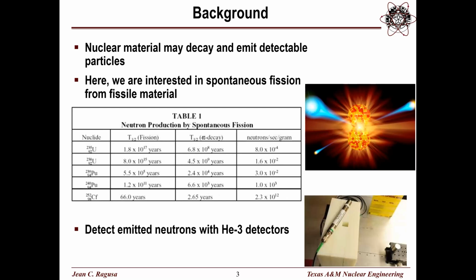And if you have detectors, in this case neutron detectors, you can detect radiation emitted from spontaneous fission from that material that you want to account for. And based on the detector count rate, you may determine the source strength of the material and its location, and therefore you may be able to account for how much material you have in your facility. The detectors we use here are just helium-3 detectors. You have a picture below.